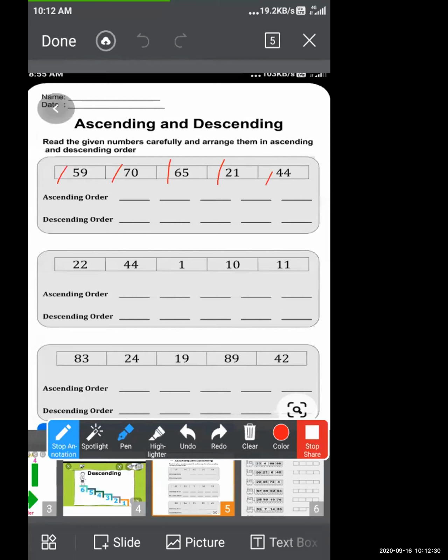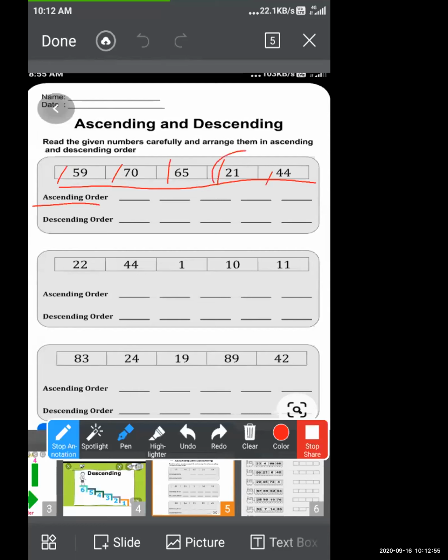These numbers we first write in ascending order. When we write numbers in ascending order, we always start from the smaller number, right? In these numbers, which one is the smaller number?